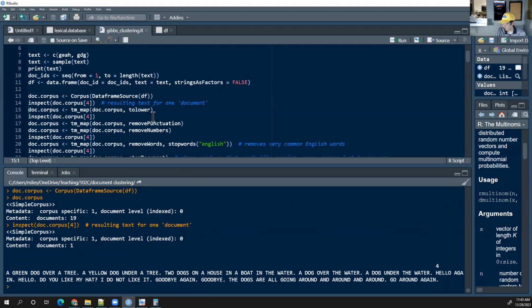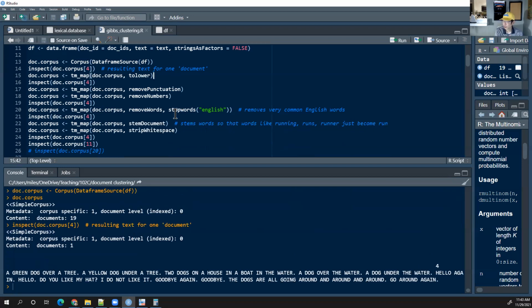All right. And then for the processing, there's a whole bunch of text applications. One of these is we can turn everything into lowercase.